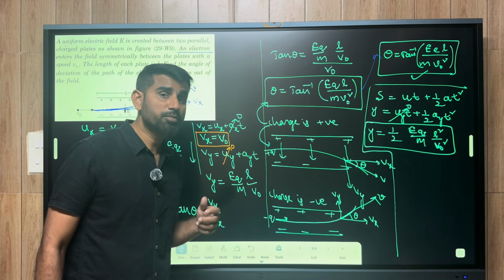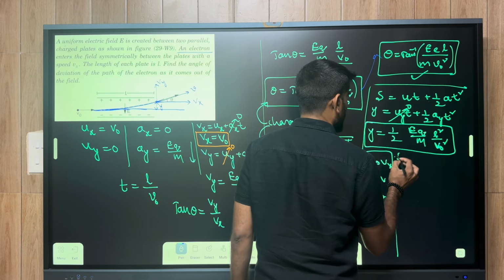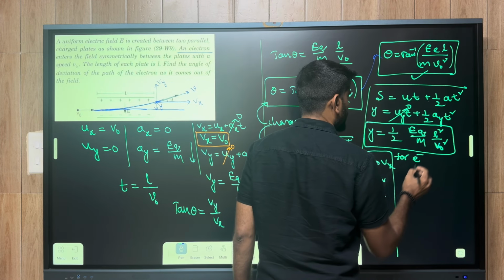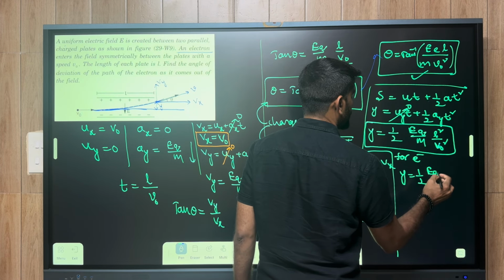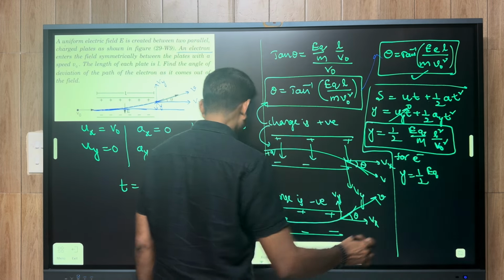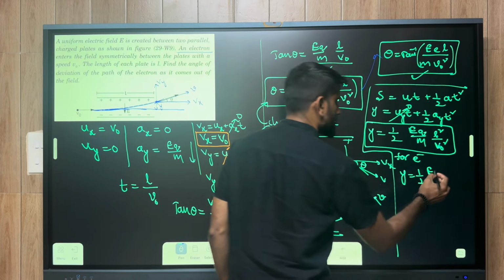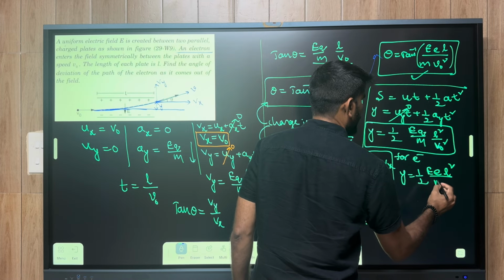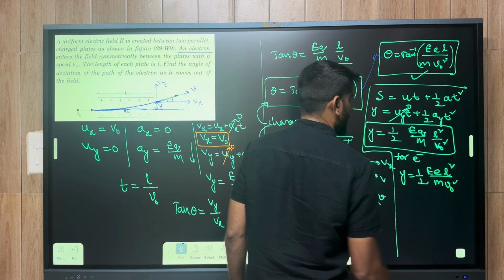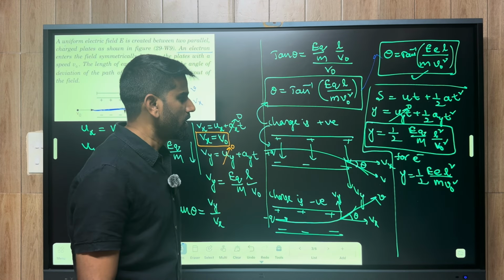If you are asked to find the vertical displacement covered by an electron, then for an electron, y is equal to half e, instead of q we need to write e, the charge of electron, E L square by m v naught square, for electron.